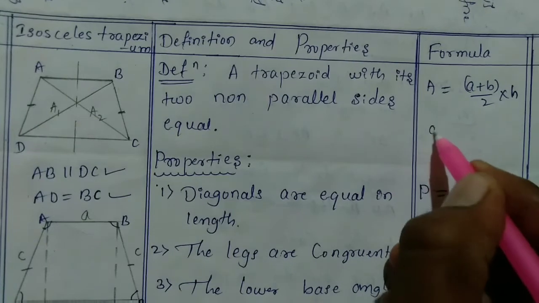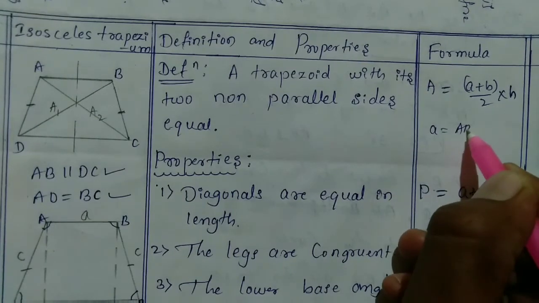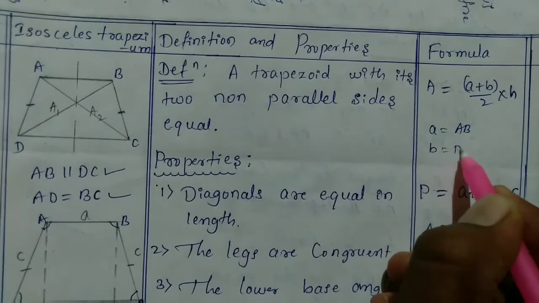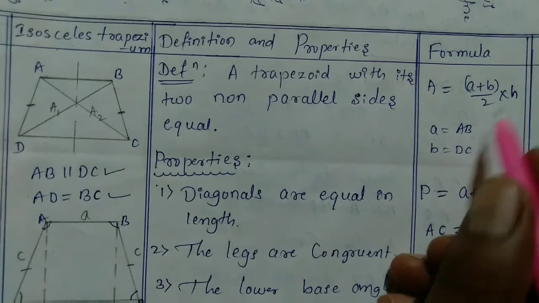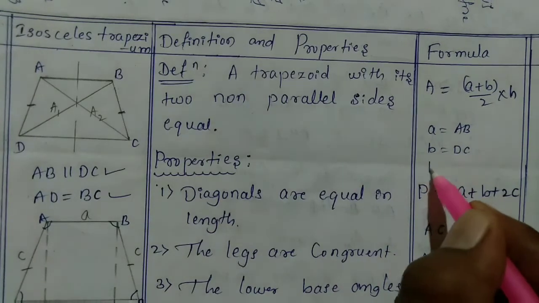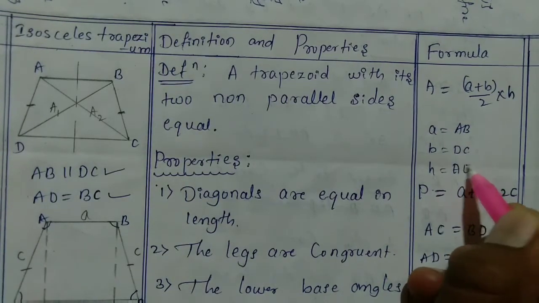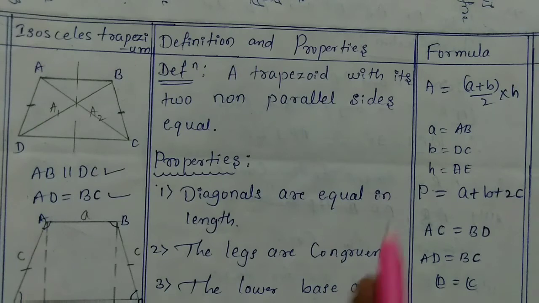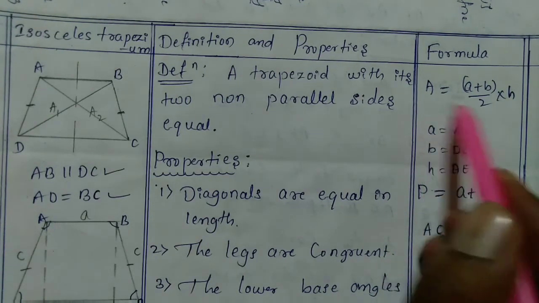It means A is the AB length and B is the DC length, and here H means you can take this one as E. So H means the AE length, right? So this is the area of an isosceles trapezium formula.